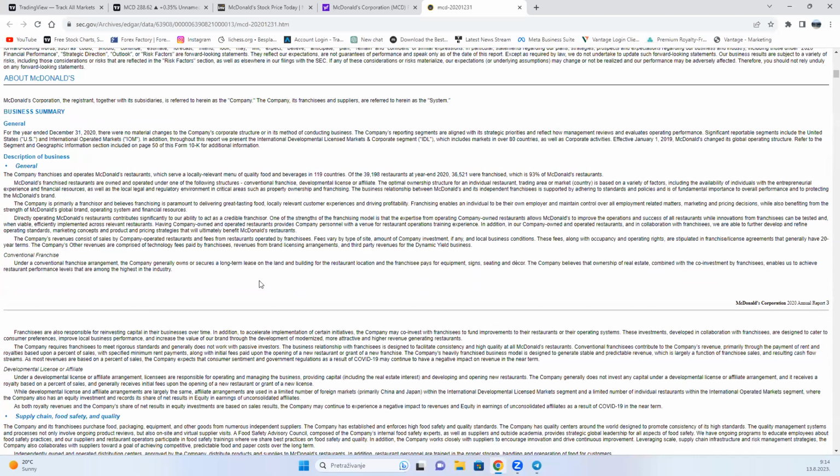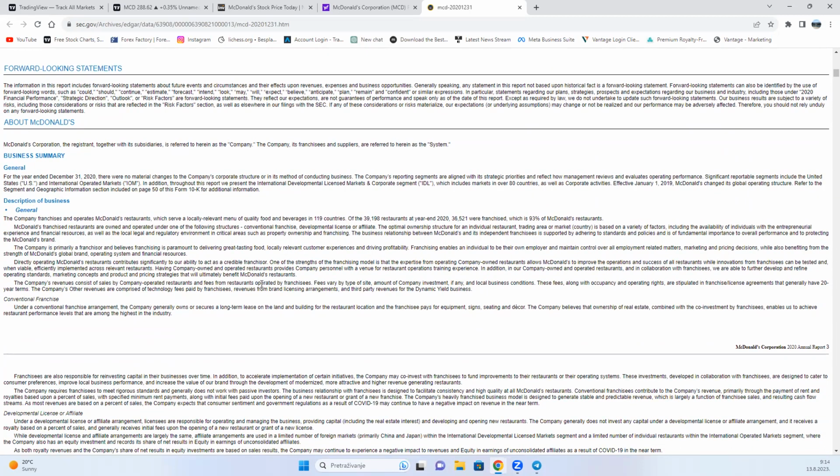So you can see McDonald's is actually a franchise business. 93% of McDonald's, they actually franchise the business to smaller franchisees. So if, let's say, you want to open McDonald's in the United Kingdom, what McDonald's does, McDonald's leases or buys the land and then finds franchisees who open the restaurants on that land.